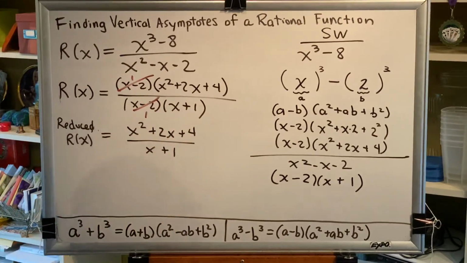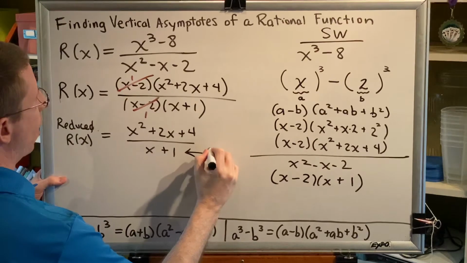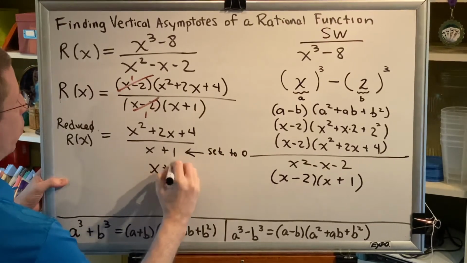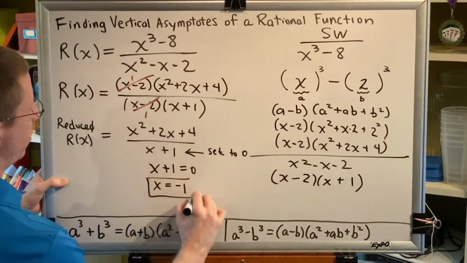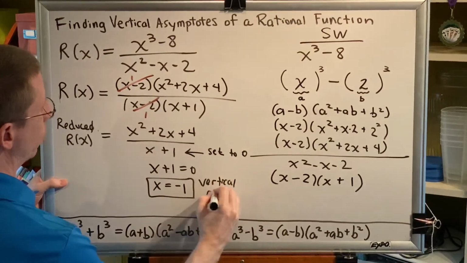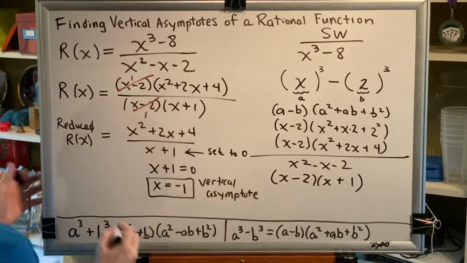All right, the final step of finding vertical asymptotes is to set your reduced R of x, your reduced denominator, equal to 0. So I get x plus 1 equals 0, x equals negative 1. This is the equation of my vertical asymptote. Remember, a vertical asymptote is a vertical line.